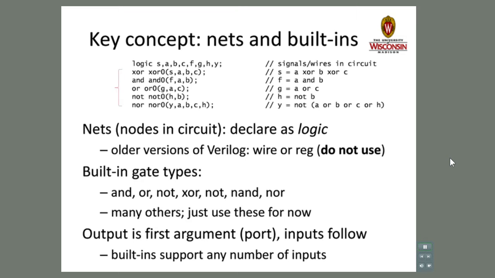The second key concept is built-ins, which include familiar gates like AND, OR, XOR, and NOT. There are many other built-ins, but for now we will stick to the subset shown here. A gate can be instantiated as shown above by declaring the gate type, giving it a name, and then identifying the nets that are used as output, the first one listed, and one or more inputs.